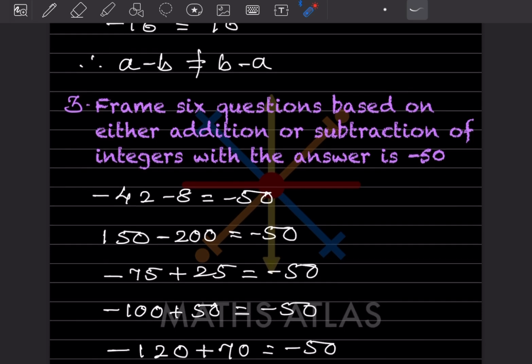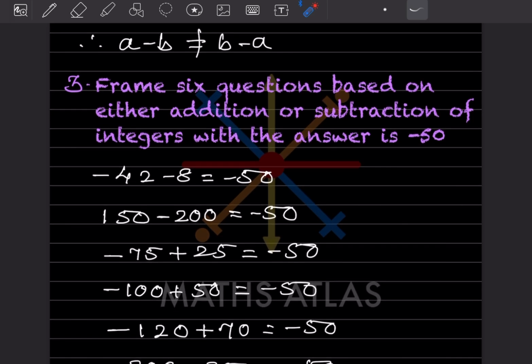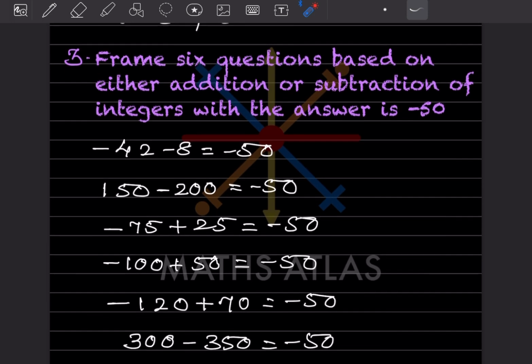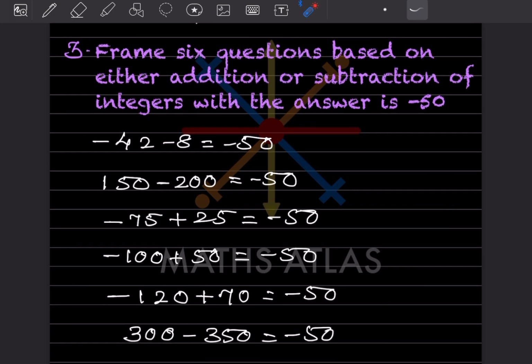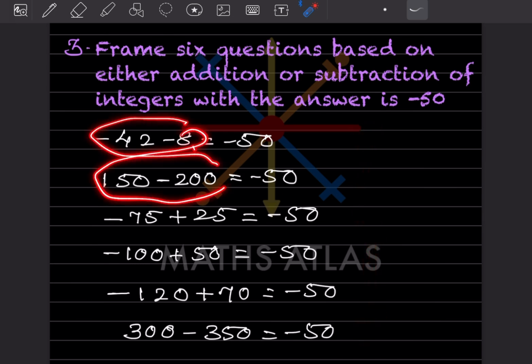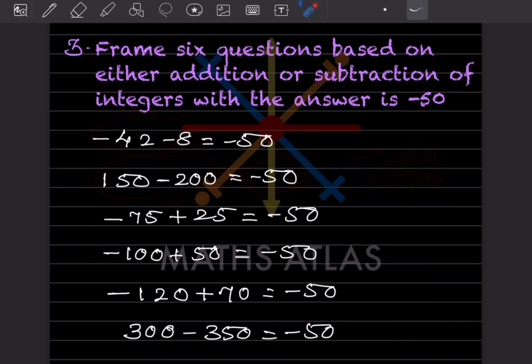Here, frame 6 questions based on either addition or subtraction of integers with the answer as minus 50. So here your answers can vary. You have to see the two integers where you get minus 50. You can just change the numbers, because here minus 200 plus 150 is going to be your final, and you should get minus 50.